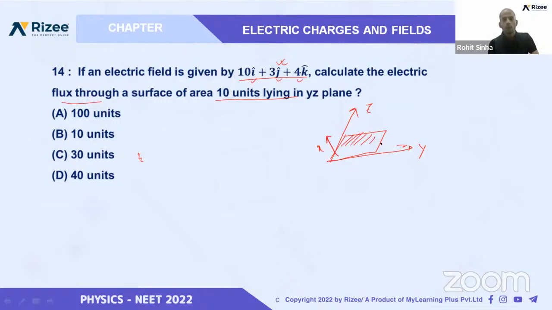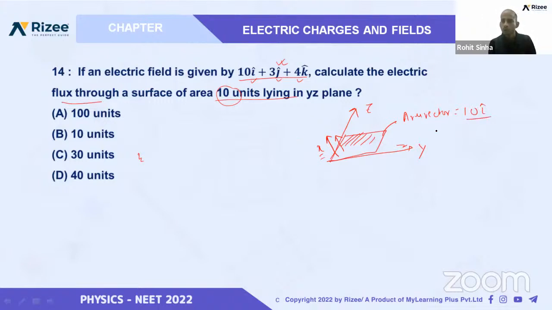Also we know that the area vector of this YZ plane is how much? It is given 10 unit, and it will be perpendicular to the plane. That means the area vector will be along the x-axis. So we can write in vector form like this, 10 i cap.